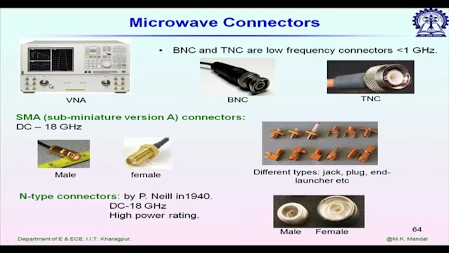Now, as we discussed, the guiding structure that these instruments use is coaxial cable. But let us say we are designing something in microstrip line, then how to measure my component by using coaxial cable? So, we need adapters.